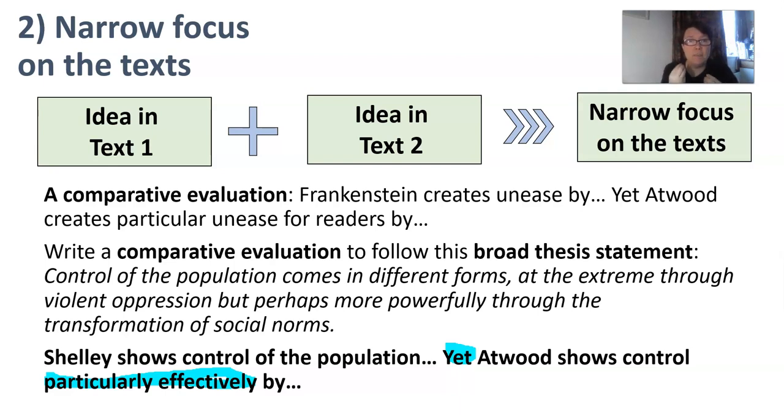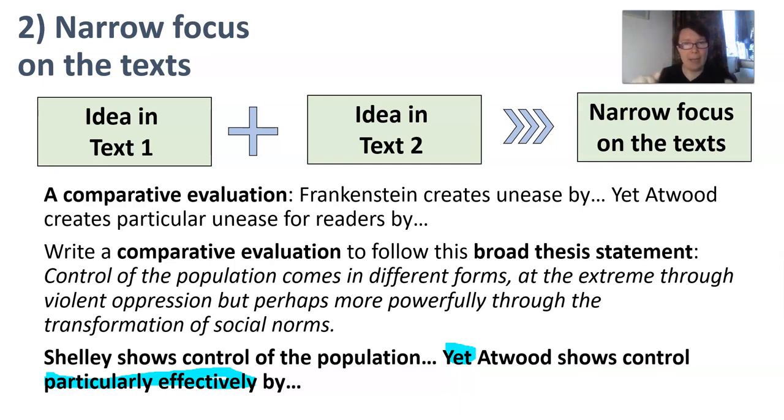Or you could say just as powerfully, say you're talking about science, for example. And so you could say, well, Handmaid's Tale definitely creates unease around the idea of science, or it creates controversy around the idea of science. But Mary Shelley creates particular unease for the reader when she talks about the idea of science.